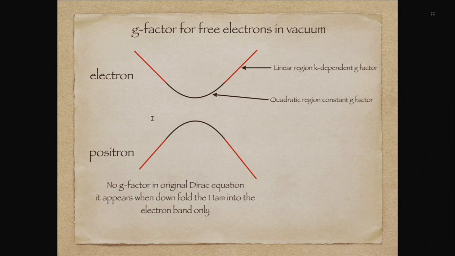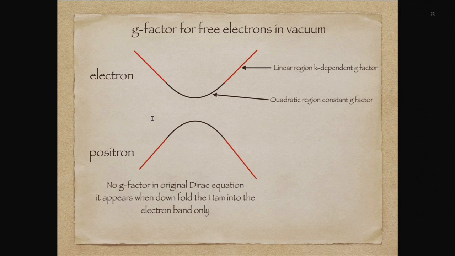Only if you move to a very high energy regime, for example this red regime, where the speed of the electron is close to the speed of light, the G factor tensor will get a very strong k dependence. But for our solid state physics, we only live here.